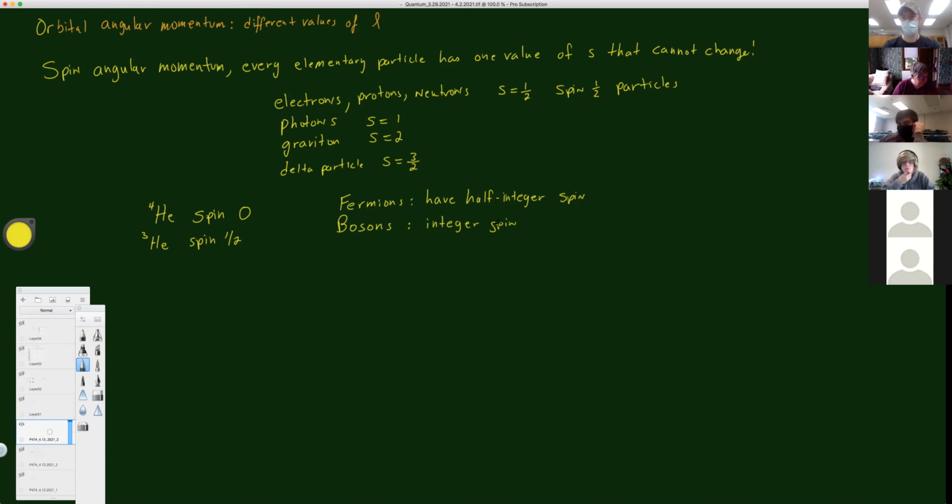Okay, and in fact, all of the chemical properties that we know and love are really due to spin, right? So if you think about the Pauli exclusion principle, you've probably heard about in chemistry, where two electrons don't like to be in the same state. They're referring to spin. If you have one spin up electron in an orbital, the other one has to be spin down.